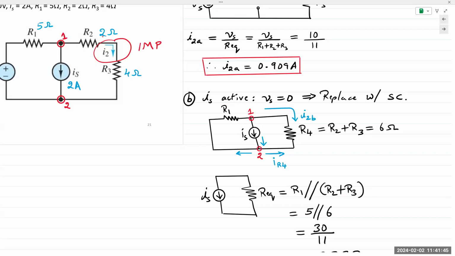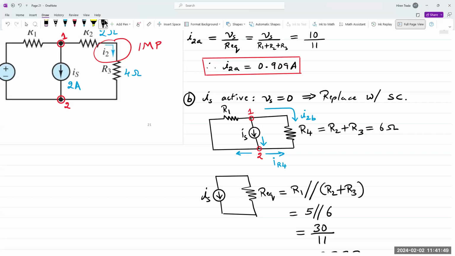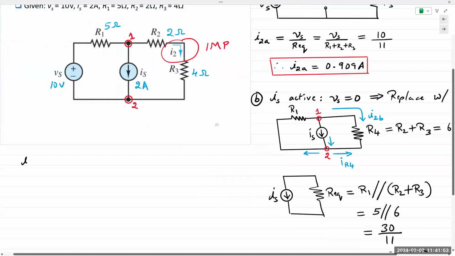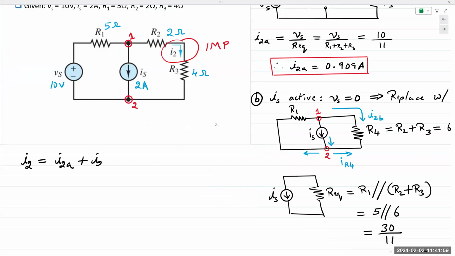Okay. And so my actual value for I2 is a sum of I2A plus I2B. So it is 0.909 plus minus 0.09.